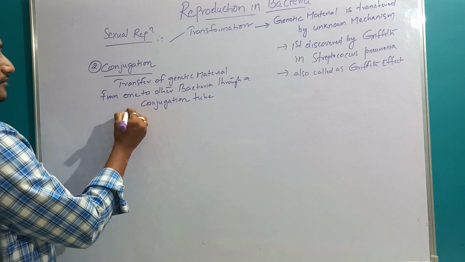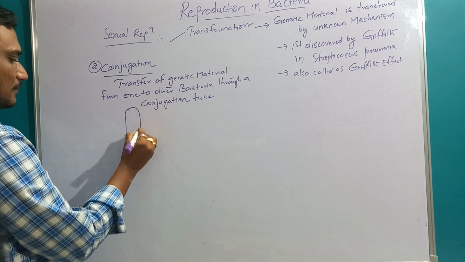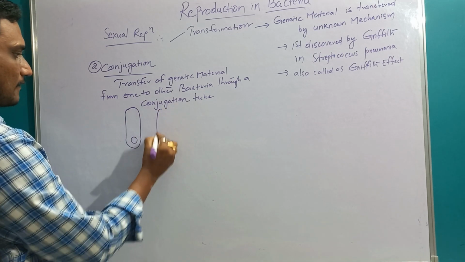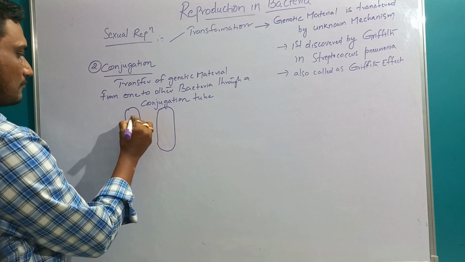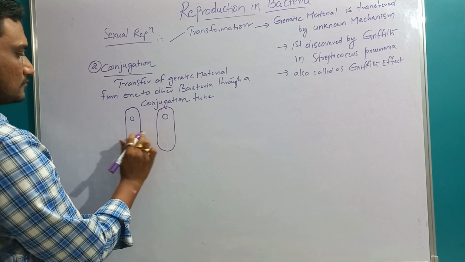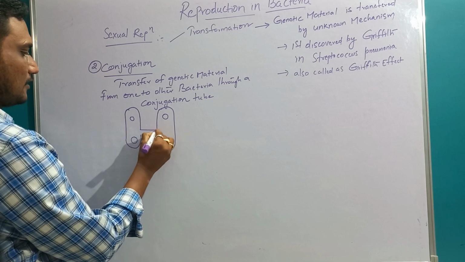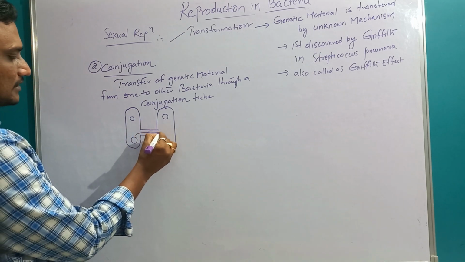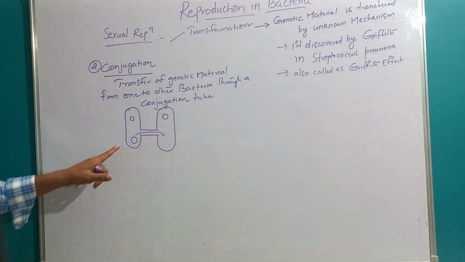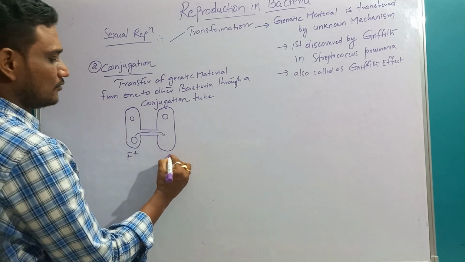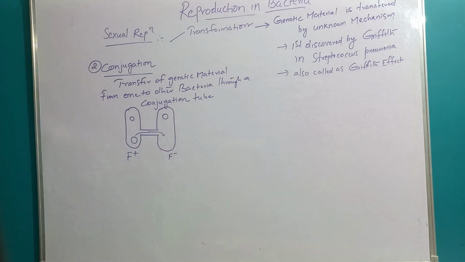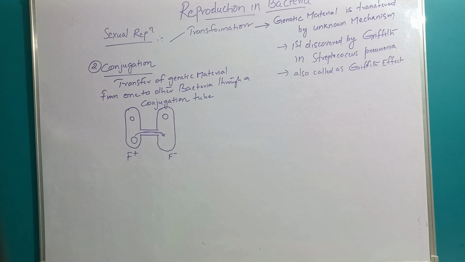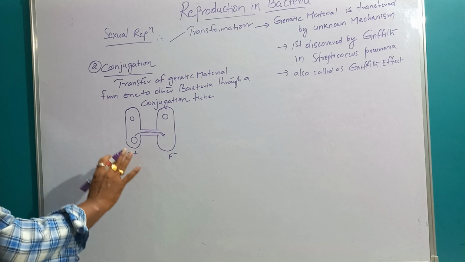So here, in the diagrammatic representation, if you observe, a conjugation tube is formed, and the genetic material is transferred from F plus bacteria to F minus bacteria through the conjugation tube.